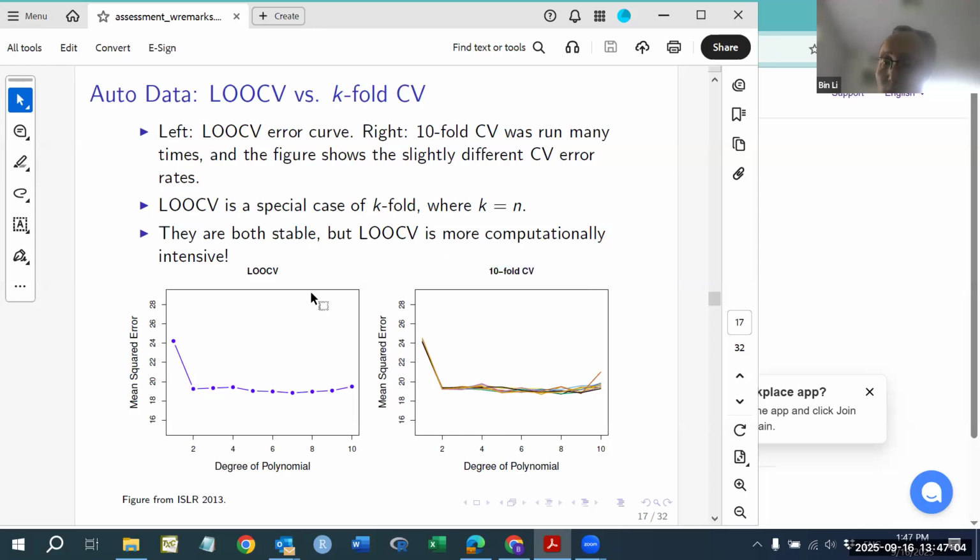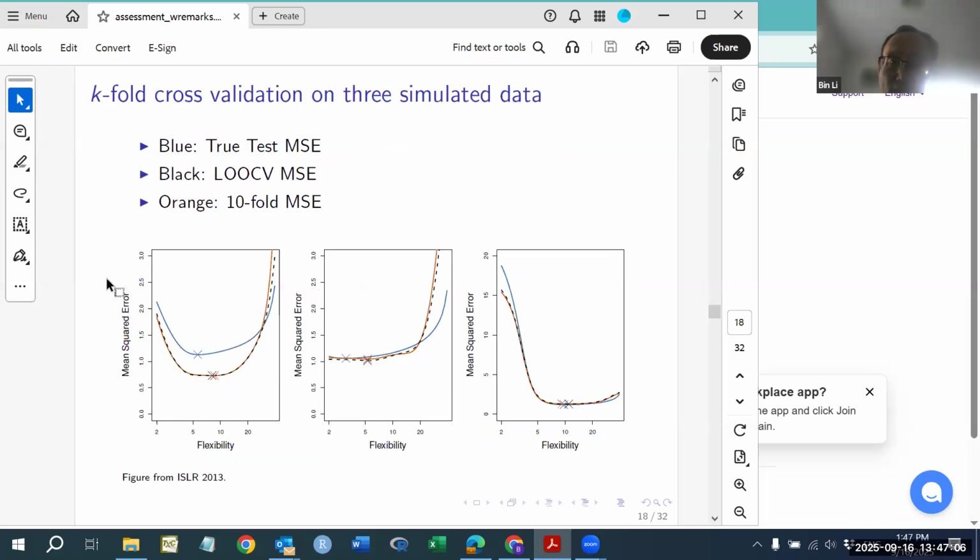So these are the 3 simulation examples, and I show the leave one out cross-validation and tenfold cross-validation on these 3 examples. The blue ones are the true test error.